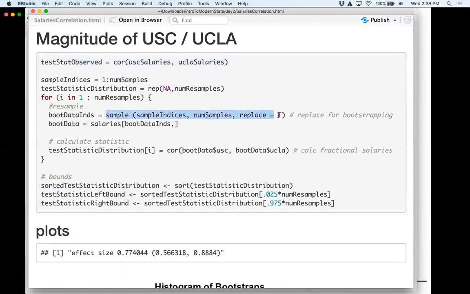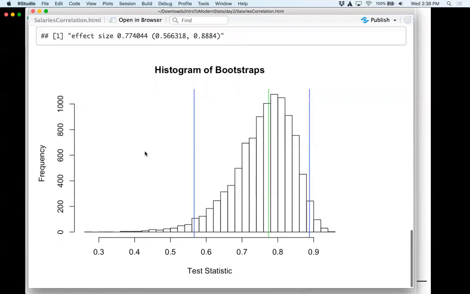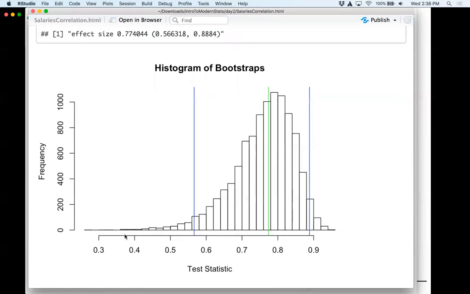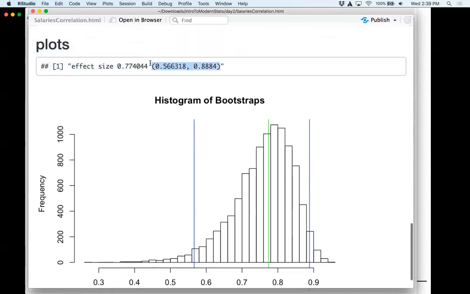Each time we resample with replacement for bootstrapping, we resample our data, and then we calculate the correlation on our bootstrap data, and we get something that looks like this. So that's our correlation. But if you ask me to put confidence bounds on it, they're right here. It's 0.77, but it's between 0.56 and 0.88.